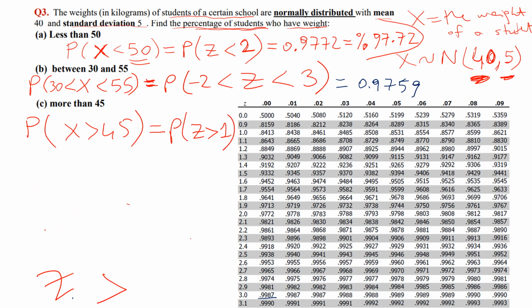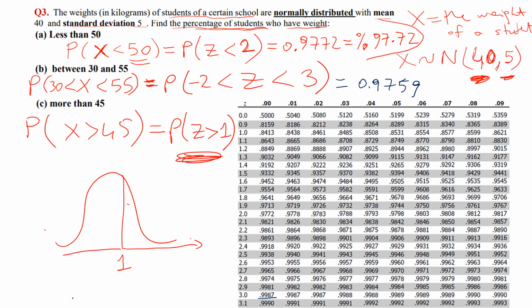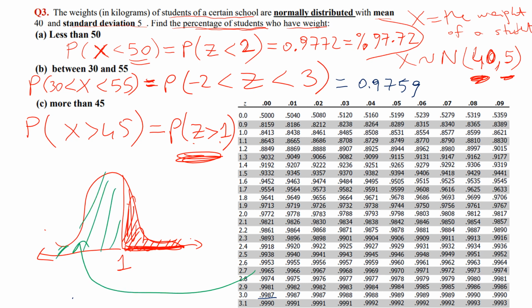Now we can use the positive table for it, but let's remember this: this is asking for the right part of the graph. Here z should be bigger than 1, so we are looking for the values bigger than 1, so it has to be this part. But the table for the positive values gives us the left part.